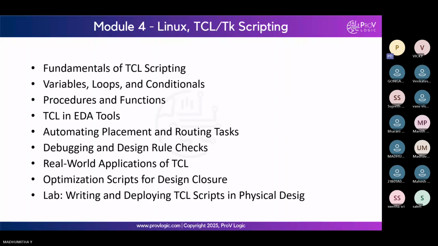Those designs are called low power designs, and a separate extra set of inputs called the UPF file will be given for this. We will see all of this in detail. We will be using these tools when we have to do power optimization.